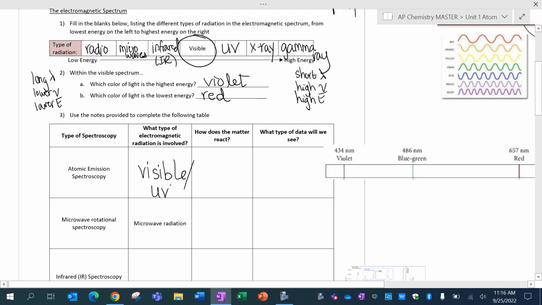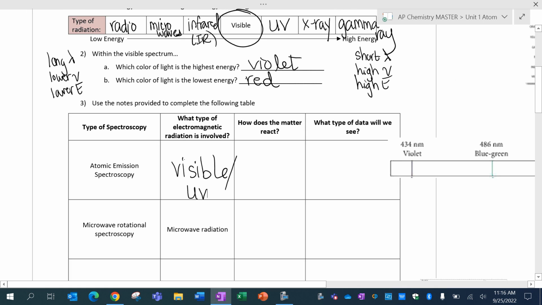How the matter reacts when you shine this ultraviolet-visible radiation is associated with what they call transitions in electron energy levels. So let's call this electron transitions. What we mean by electron transitions is that electrons are going to move between energy levels.